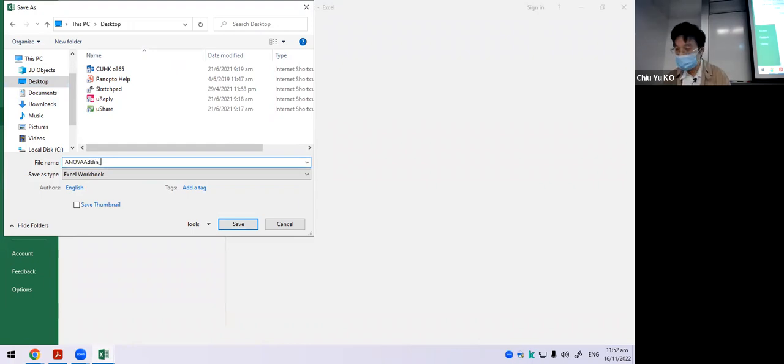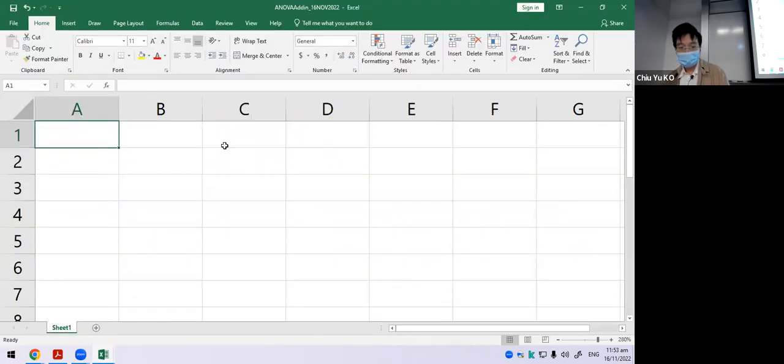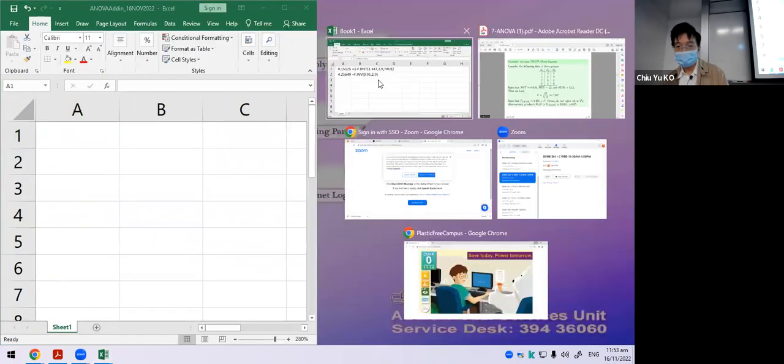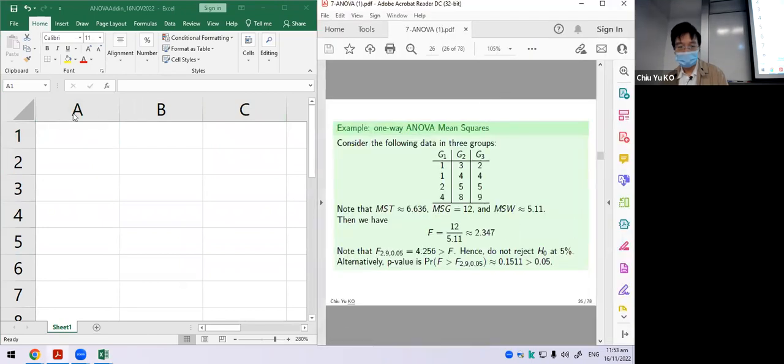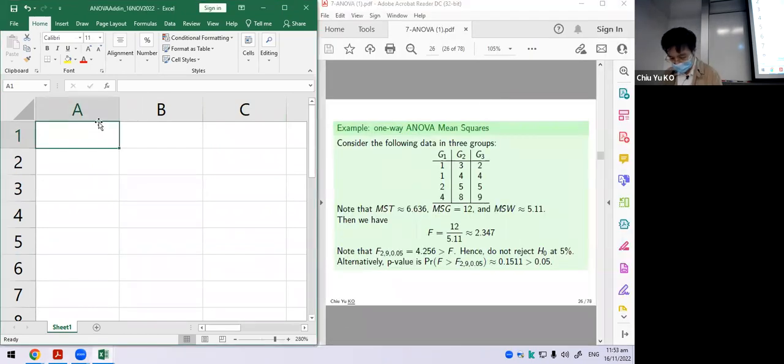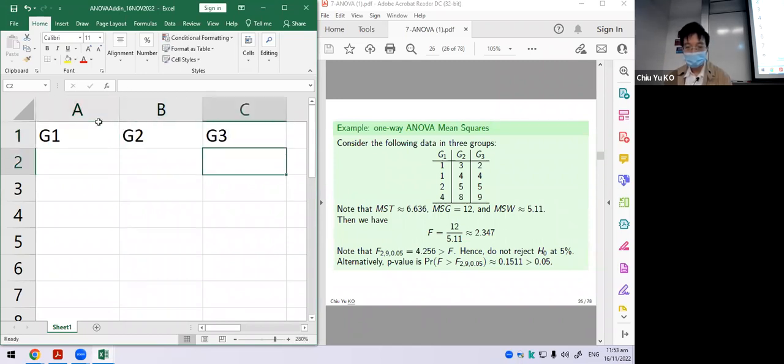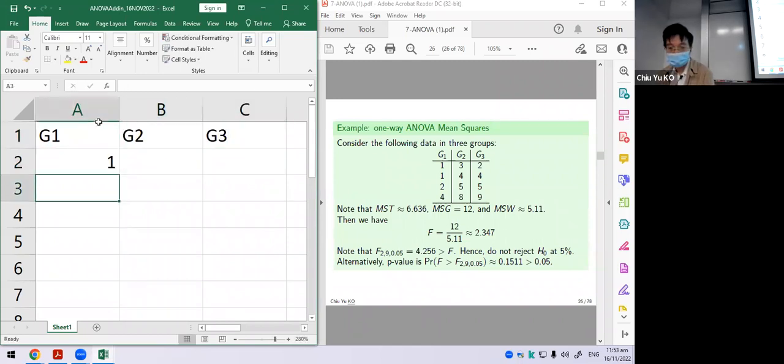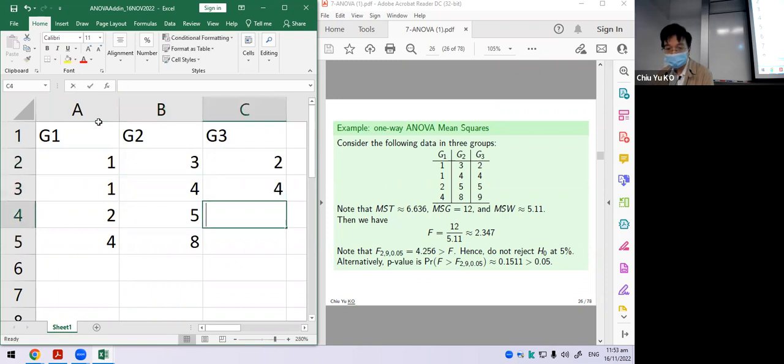Add-in, and today's date is 16th of November. Okay, so let me do it by putting in the data there, right? I have group 1, group 2, and group 3. The data I have is 1, 1, 2, 4, and 3, 4, 5, 8, and 2, 4, 5, 9.